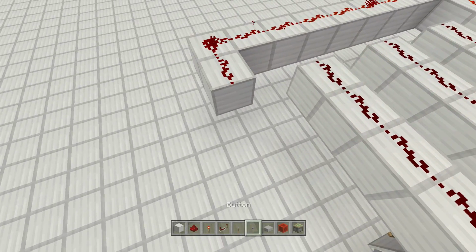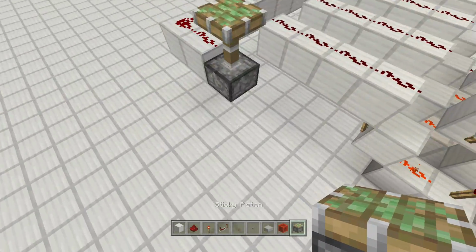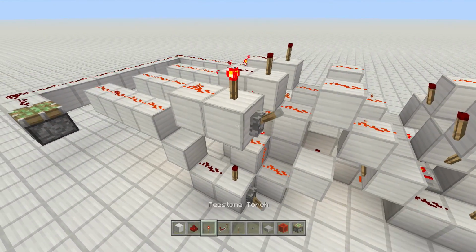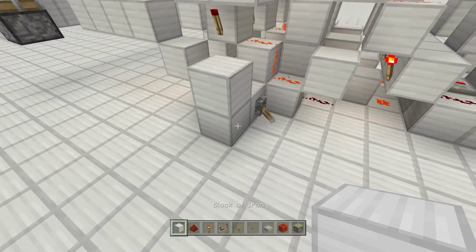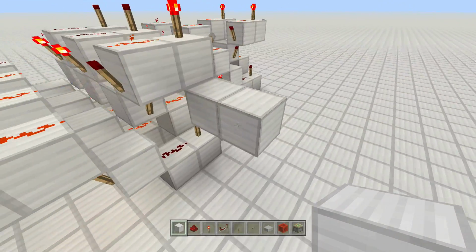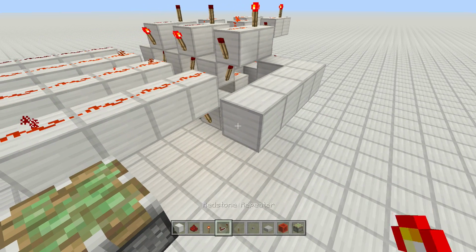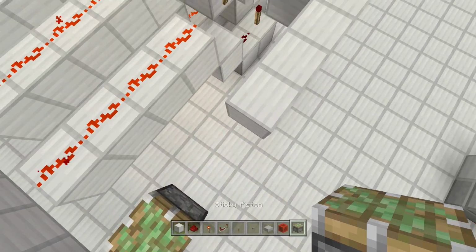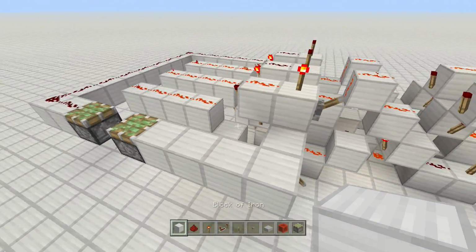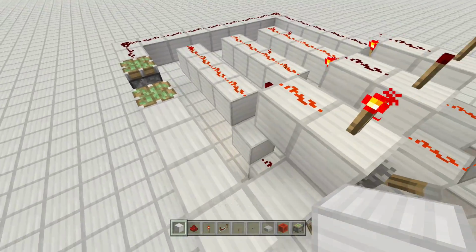Here we go. Piston. Thank you, sir. Oh god, that scared me. And then you just connect it to the input, and you see how long it takes from when you turned it on until you get this one to pop up.